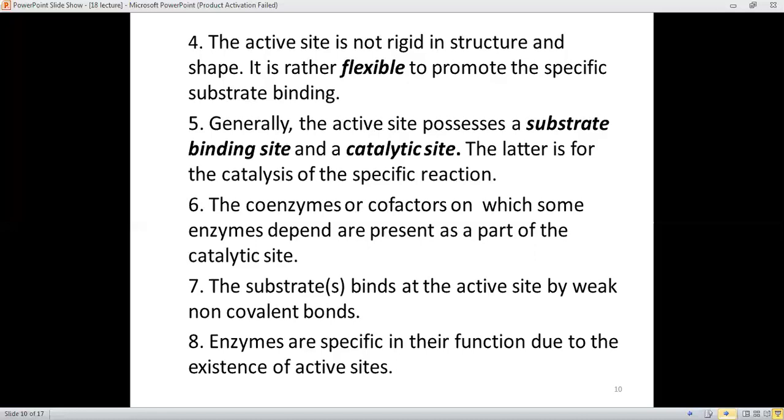Therefore there must be weak non-covalent interactions between the substrate and the enzyme.